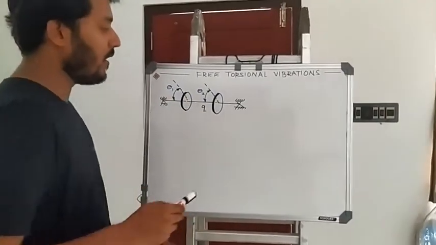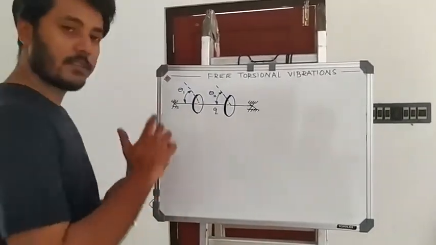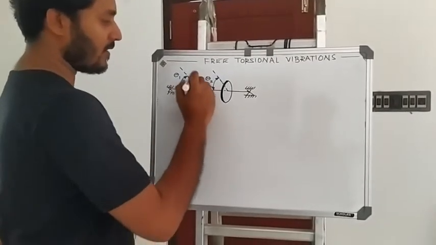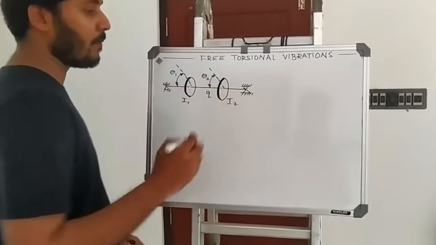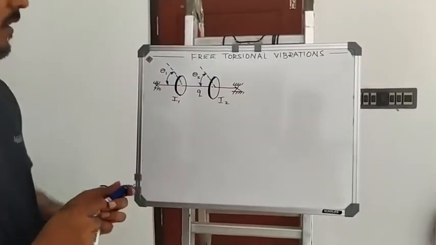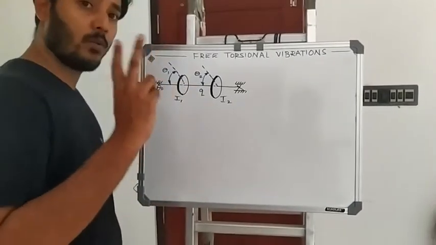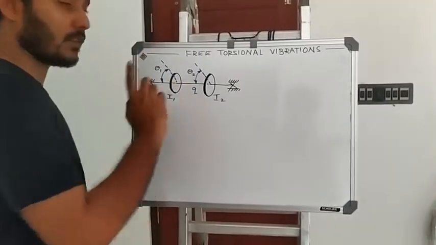Now let q be the torsional stiffness of the shaft, and let I1 be the moment of inertia of disc 1 and I2 be the moment of inertia of disc 2.